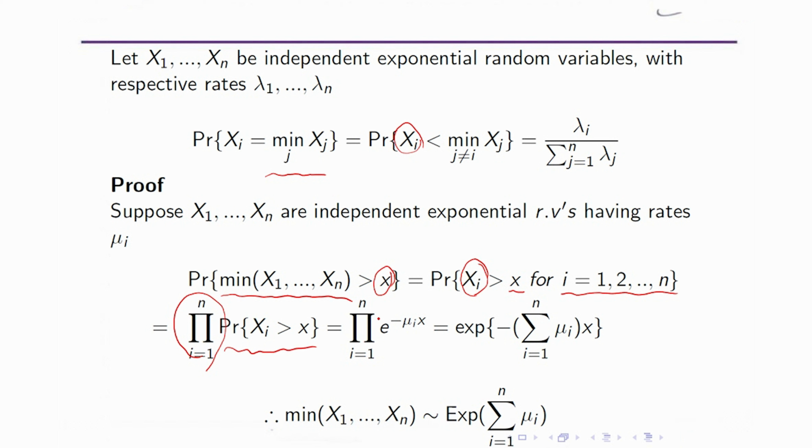That is the multiplication of exponential minus mu i times x, and because of this multiplication, we can move that and write it as exponential of minus the summation of mu i times x. So that means the minimum of X1 to Xn is exponentially distributed with parameter equal to the summation of mu i.